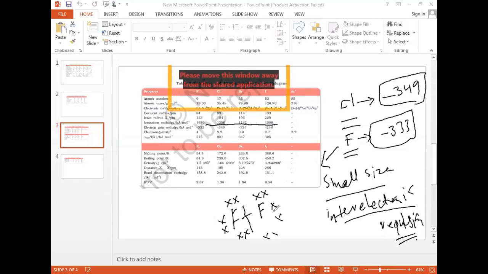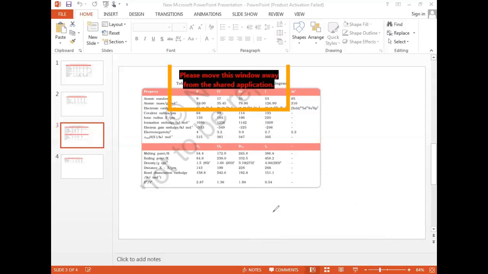Generally, if you see the electronegativity values, the electronegativity values decrease down the group. Then the important one here is bond dissociation enthalpy.